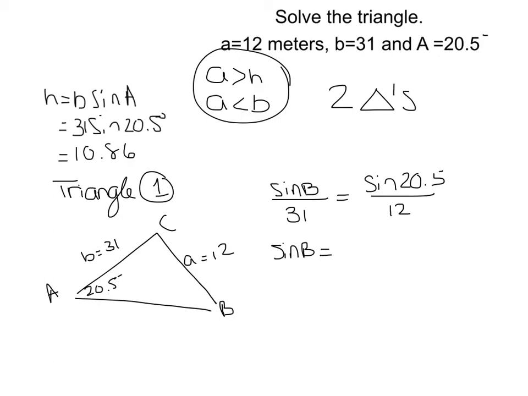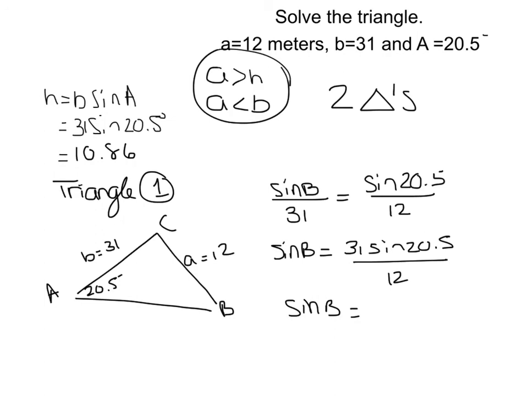I'm going to leave sine B just where it is, and put this into my calculator. So sine B equals, let's see what we get. Good, we get 0.9047. Okay, so where could these two triangles be coming from?